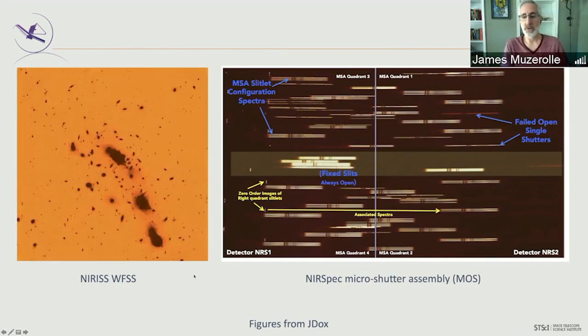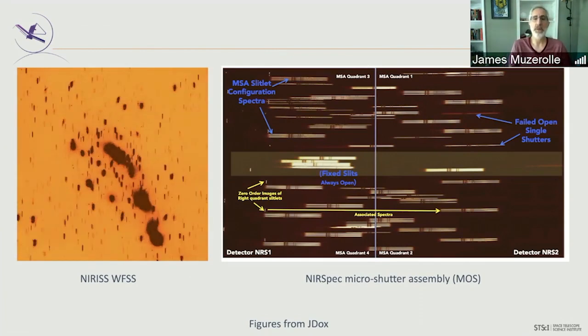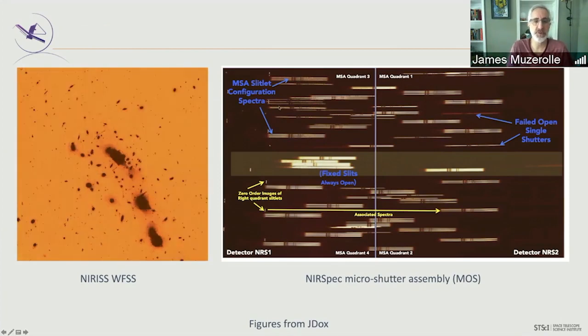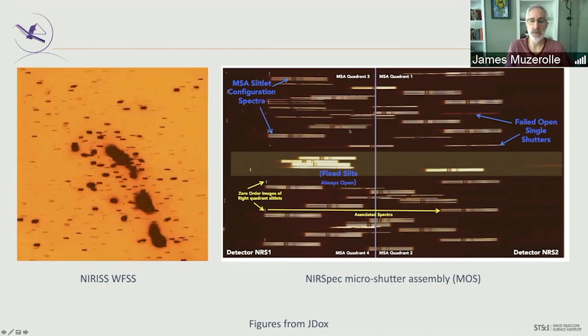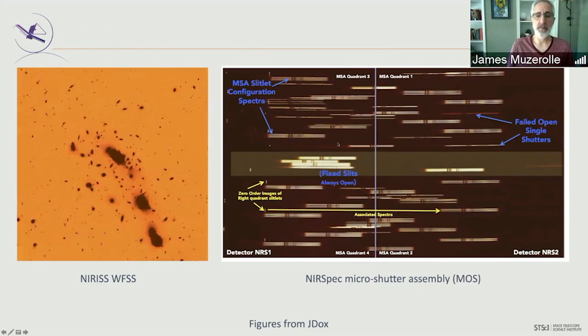And then on the right is an example of actual data from the ground using internal lamps, where small slitlets have been opened using multiple shutters in each slitlet. You can see how the light is dispersed onto the detectors, and also how the fixed slits are always open to sky and are also available simultaneously.